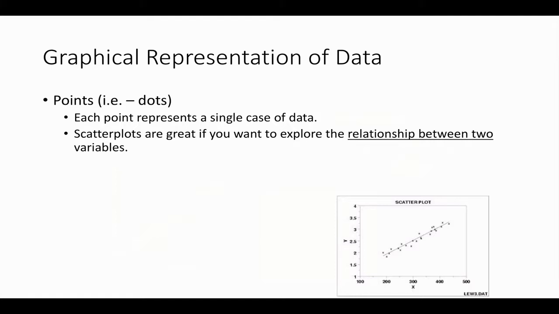And so, for instance, in the Hans Rosling video, each of the shapes was a dot. Sorry, different sizes of those dots. That meant one case, for instance, a country, right? And scatter plots are perfect if you want to explore the relationship between two variables. So when we start talking about visualizing correlation, we're going to be focusing on dots, right?